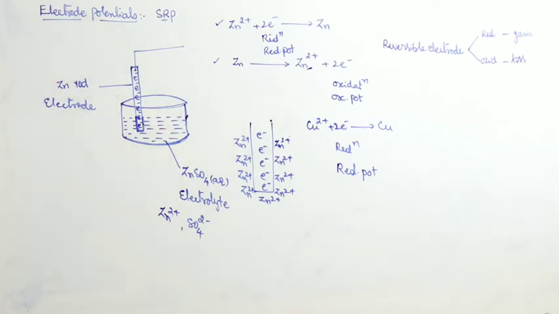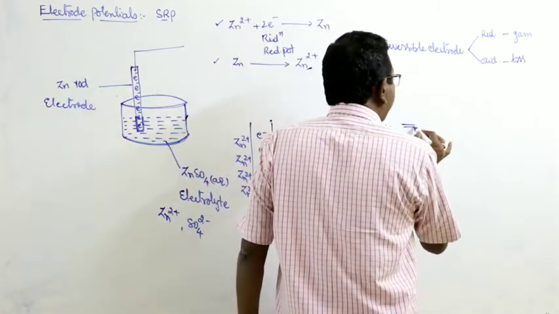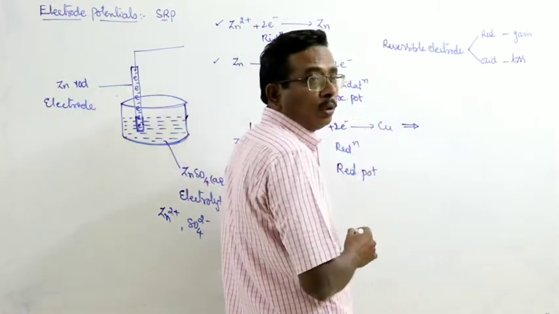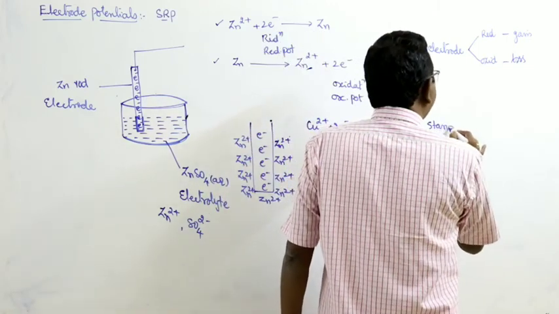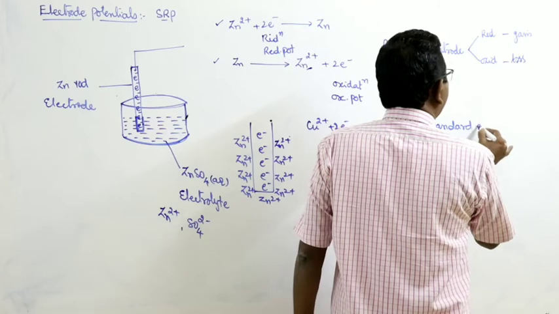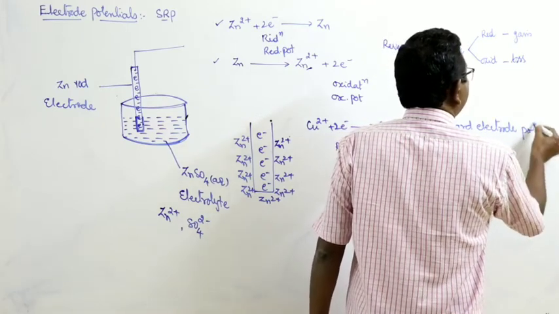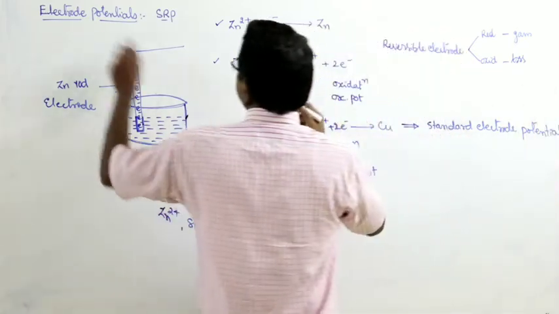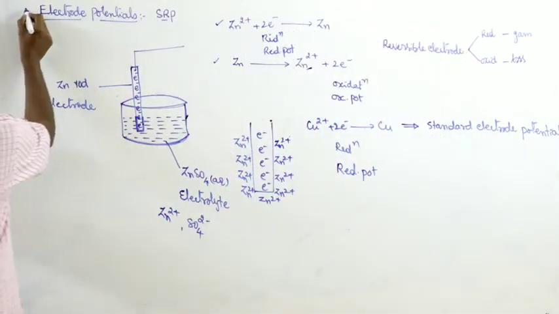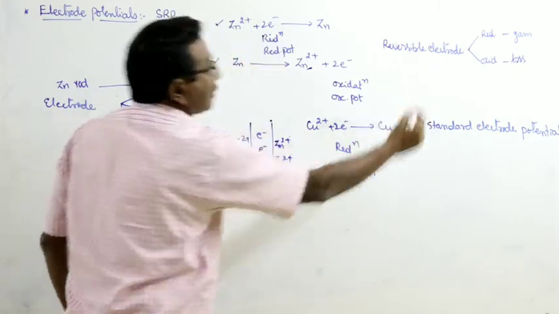Now, from this we can move to another one that is known as standard electrode potential. Here this is electrode potential, that is the first part. This is standard electrode potential, the second one.